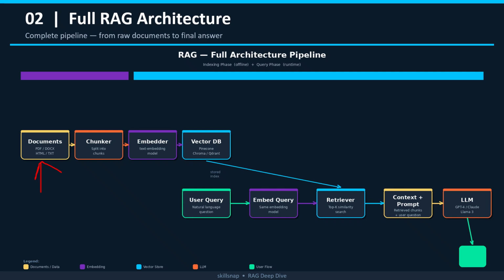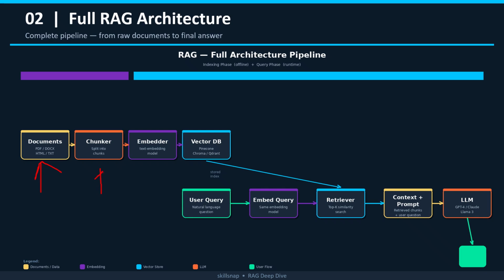These can be PDFs or any other format, like text documents, docs, or HTML. These are the documents from which you want information, whatever data you want the system to know about. Next, these documents are sent into a chunker.